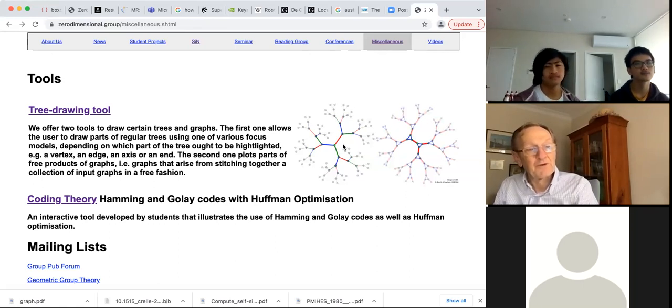But then we'll want to have similar things for other highly symmetric graphs. So that's a little bit of the picture of the larger project.